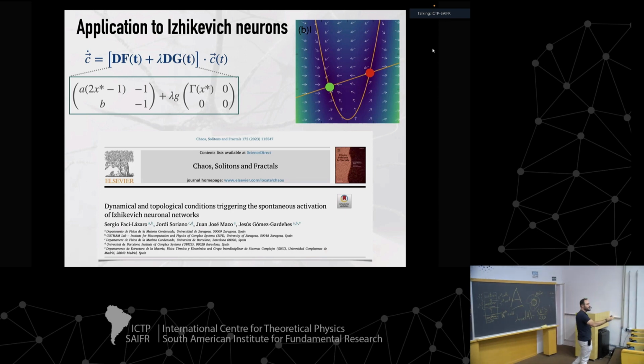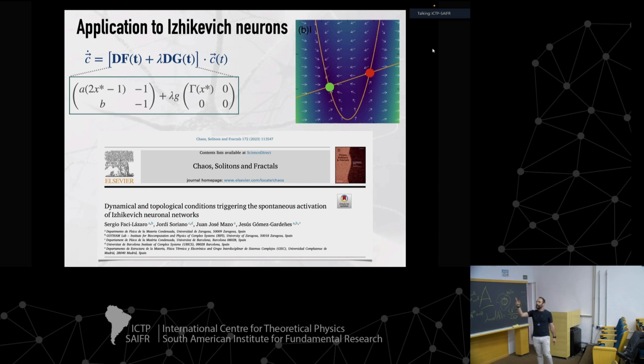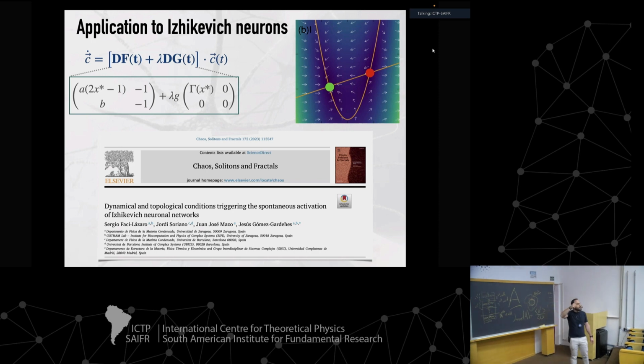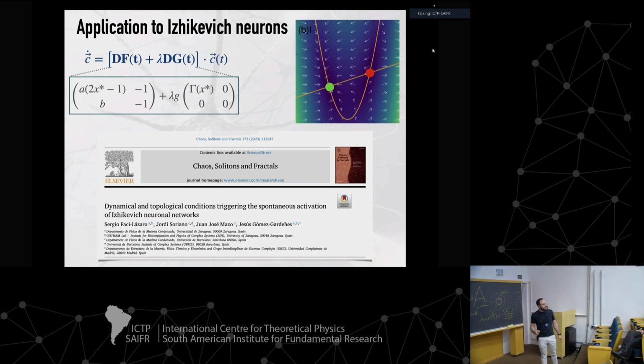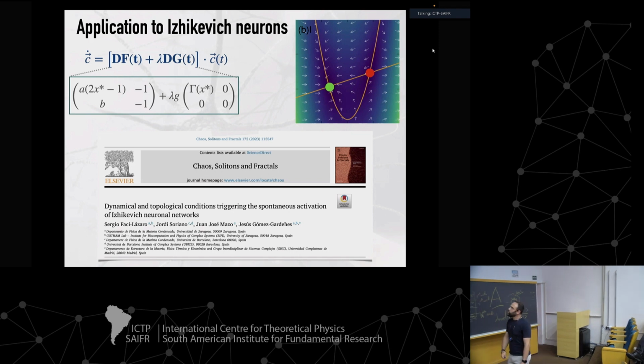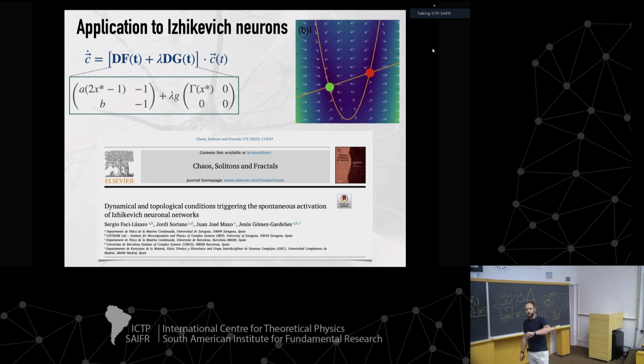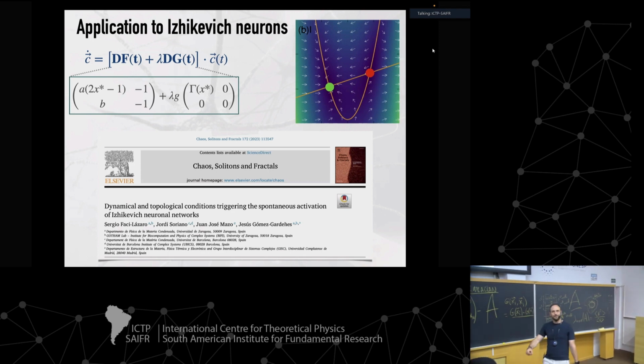That I know Jordi is fan of spatial correlations. You can download them. It's open access, so you can see all the detailed calculations on how to use the master stability function and also to use more refined networks. Okay, so. Yes, I think I'm done, so Osvaldo can start after me.